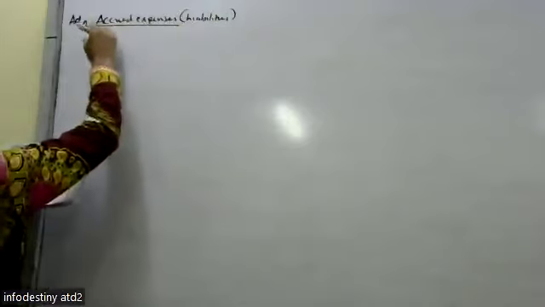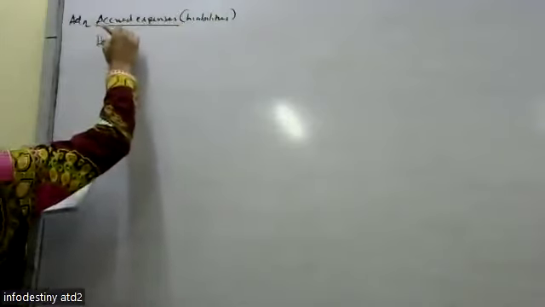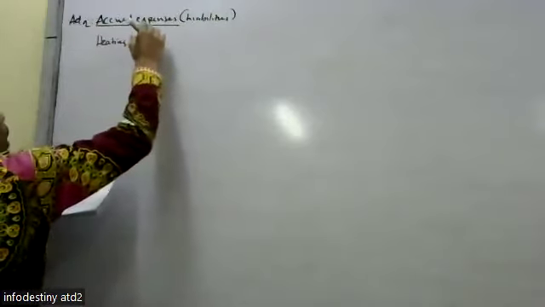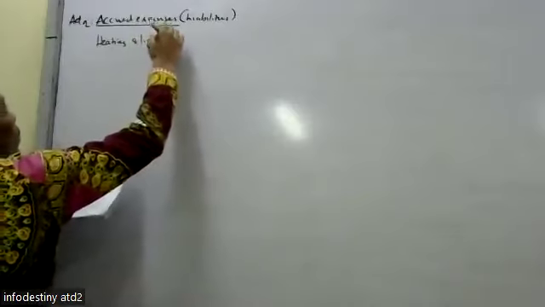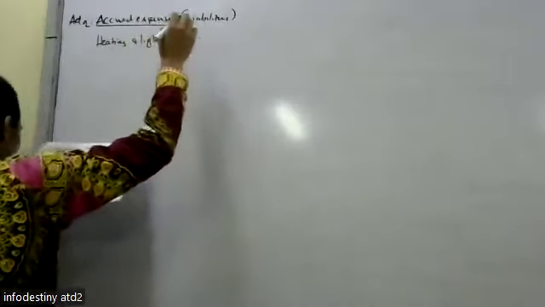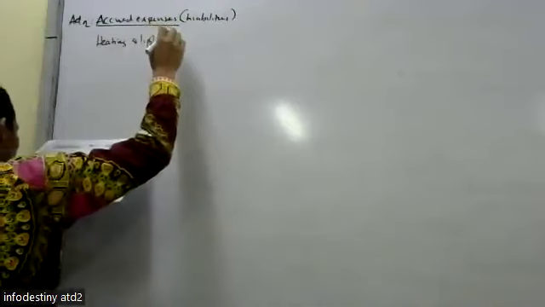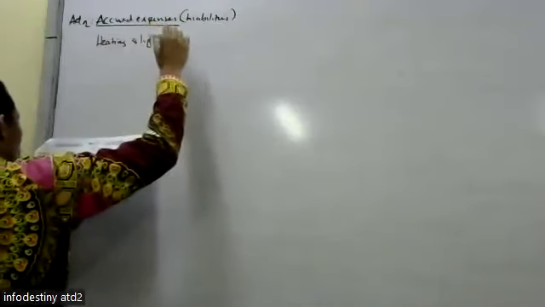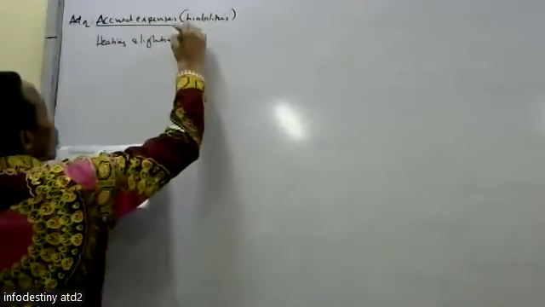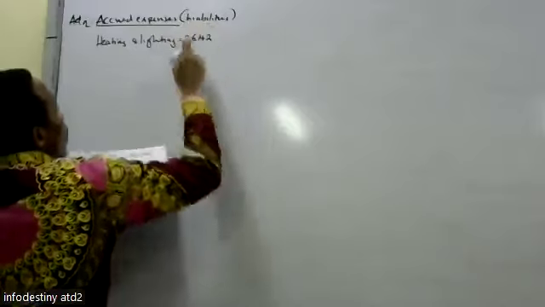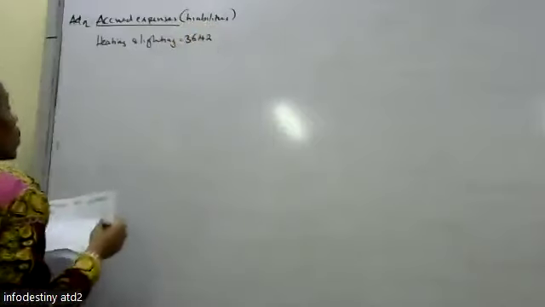So we have heating and lighting. Heating and lighting, that is 3642.